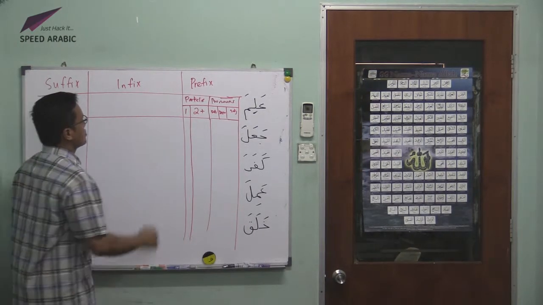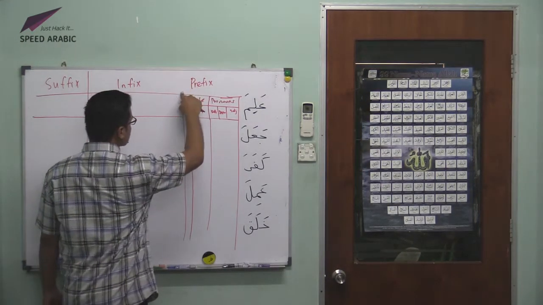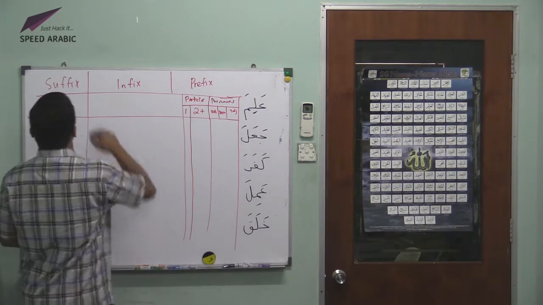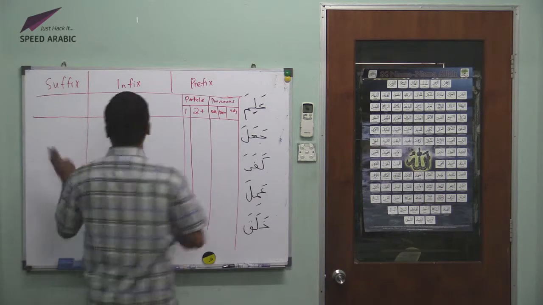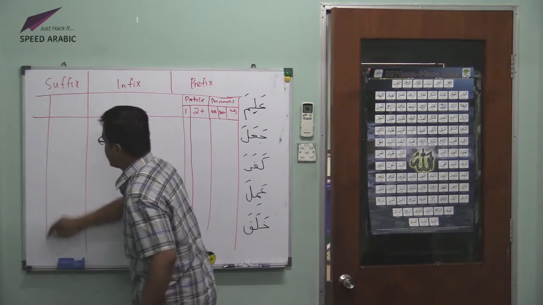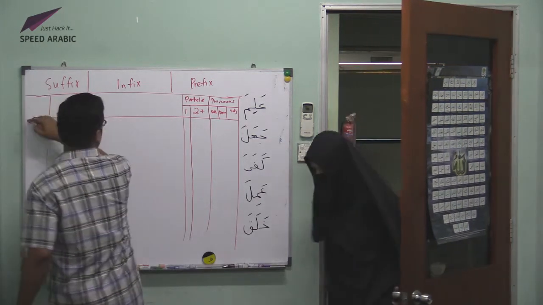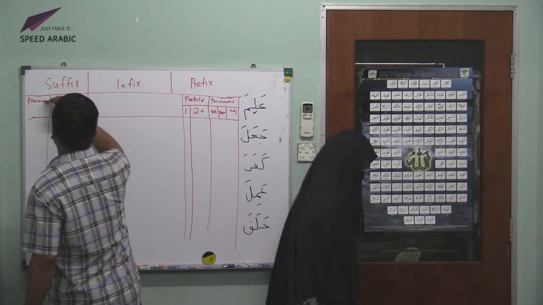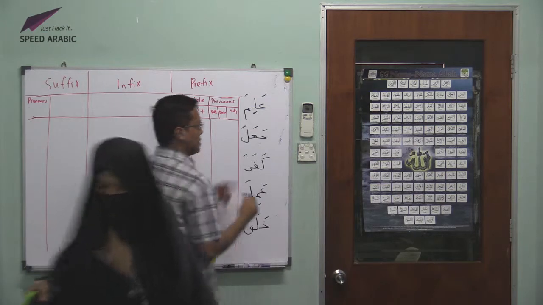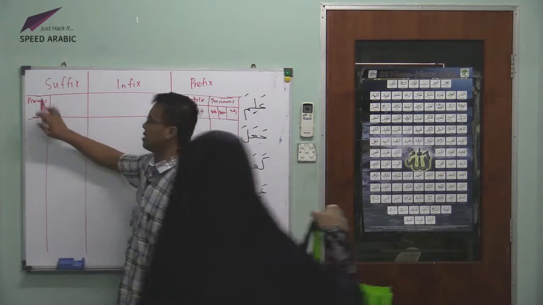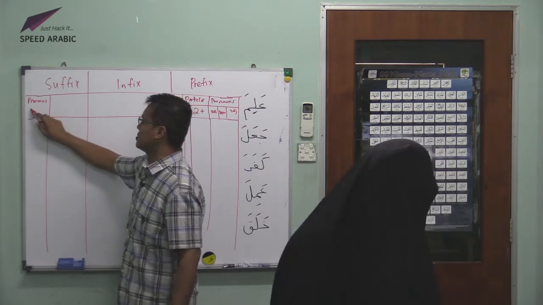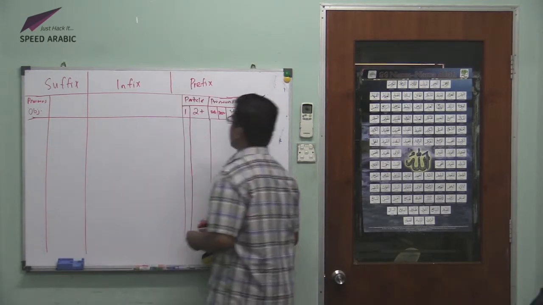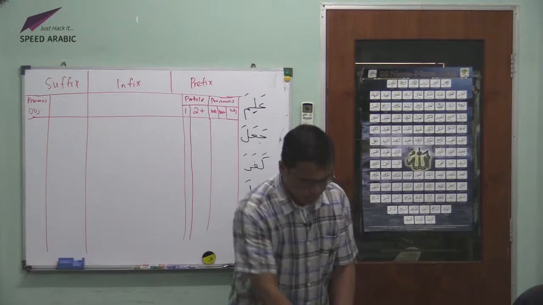Okay, so there you go. And then you have at the back here, you would also have pronouns. The difference between this pronoun and this pronoun is these are what pronouns? Object pronouns. Okay?